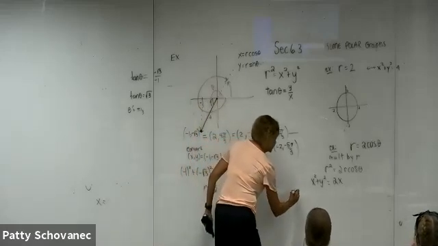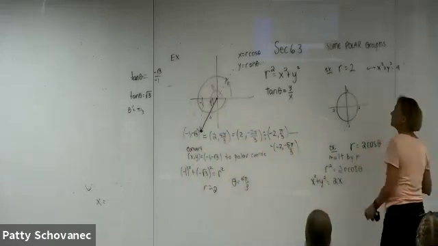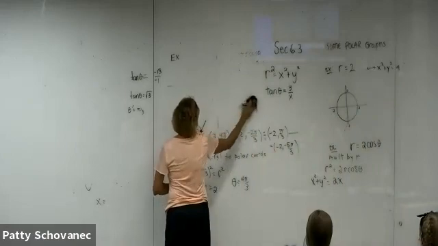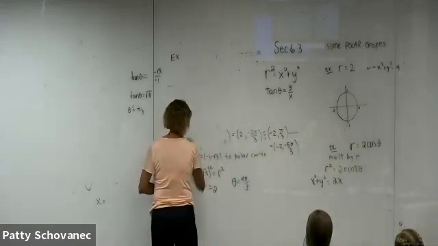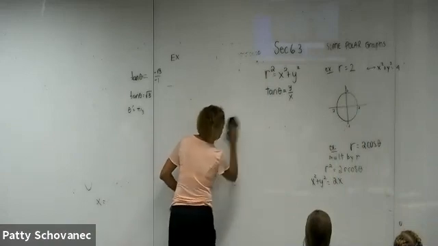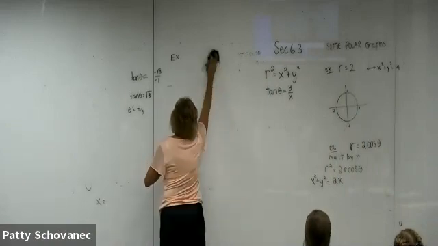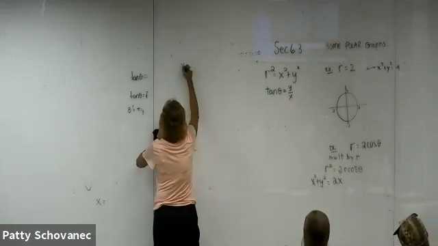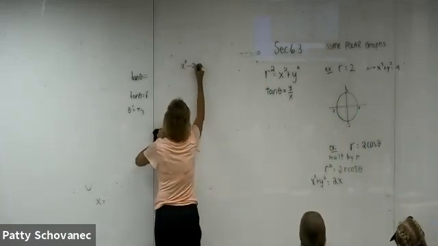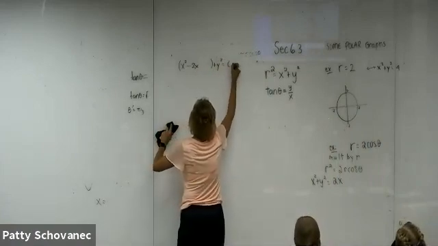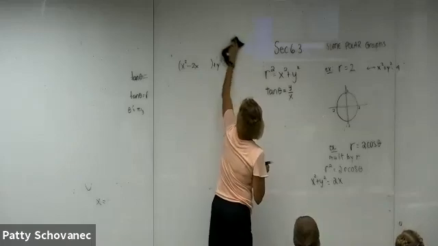How about I take that 2x over, group it with the x squared, and ask you to complete the square. All right, move that 2x over.